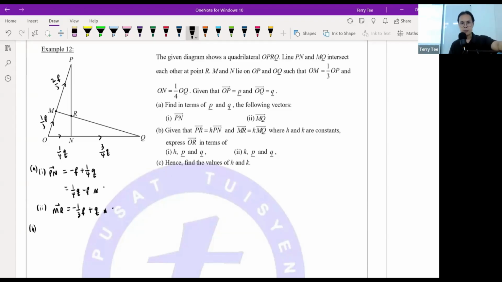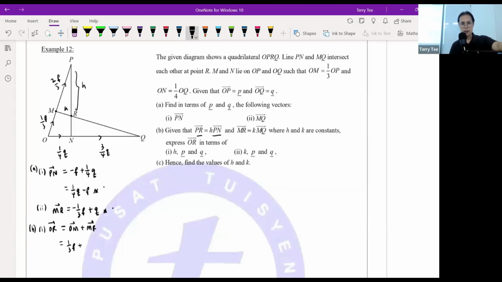Next, part B. Your given PR is h PN. PR is h times of PN, and MR is k times of MQ. Express OR in terms of h, p, q. So your vector OR: to go from O to R, I can go O to M, M to R. O to M is a quarter p.